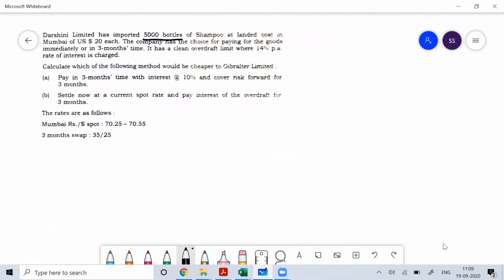So you can see the number is 5,000 bottles, and the landed price in Mumbai. So for Darshini Limited it is a cost only, it was not a selling price. They are the importer buying, so the cost per bottle is $20.